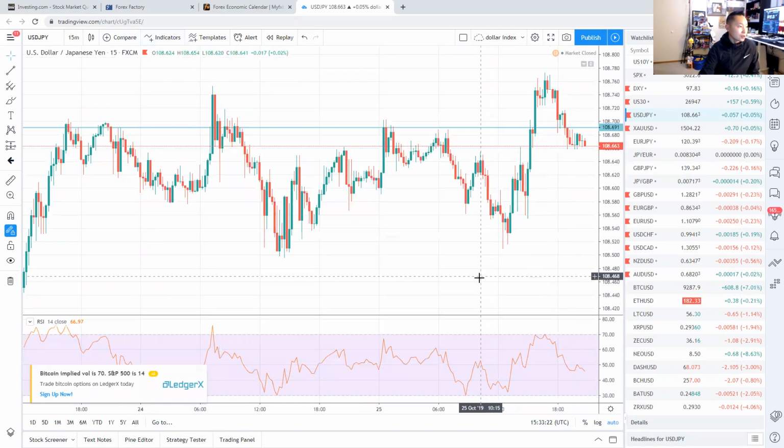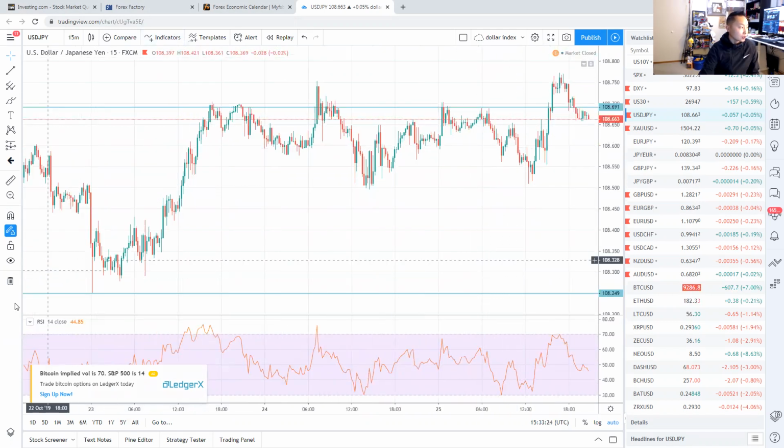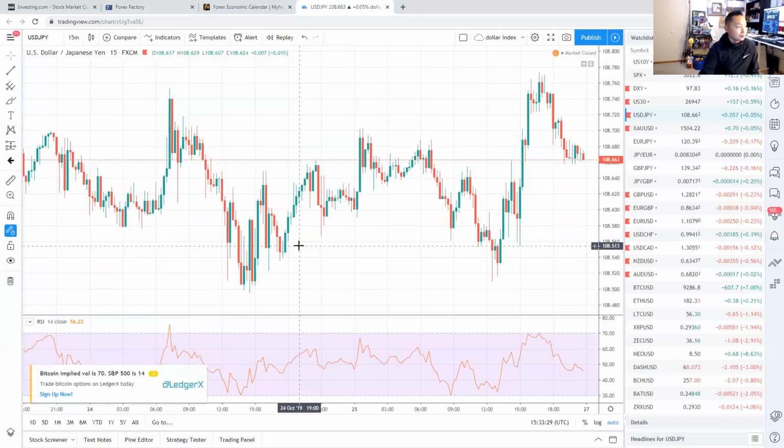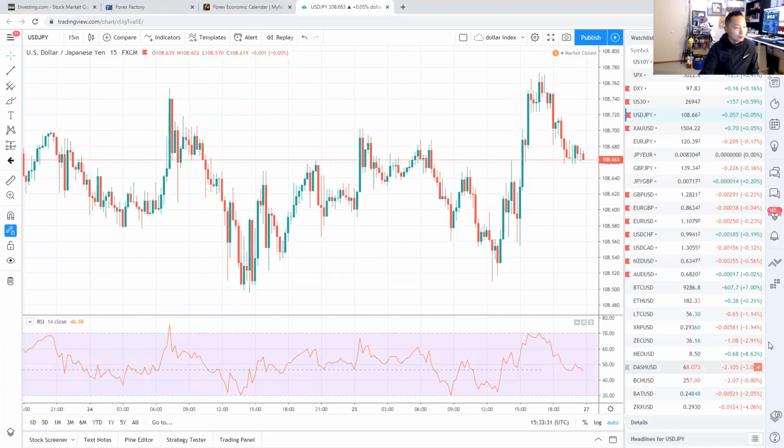So with the RSI on the 15-minute chart, I'm going to remove my horizontal lines, right? With the RSI, 70 is overbought, 30 is oversold.